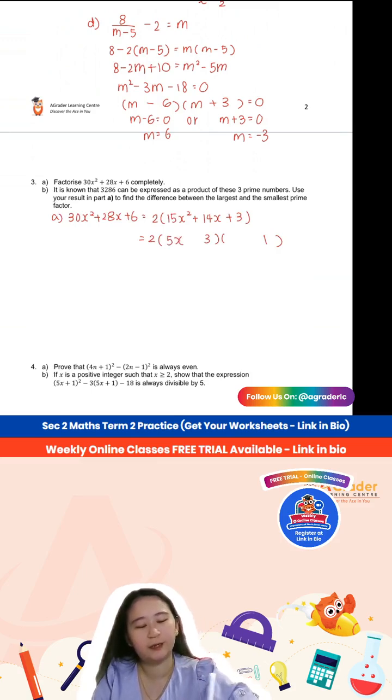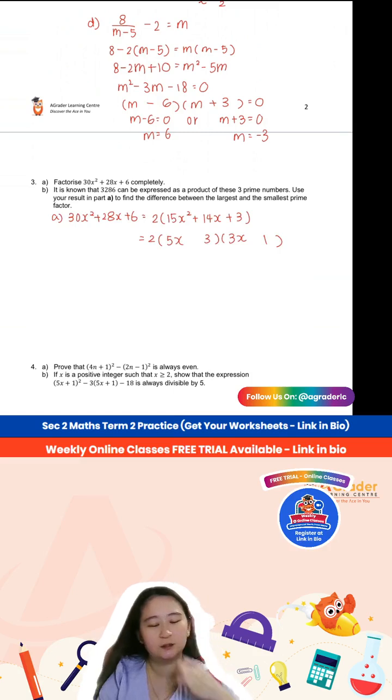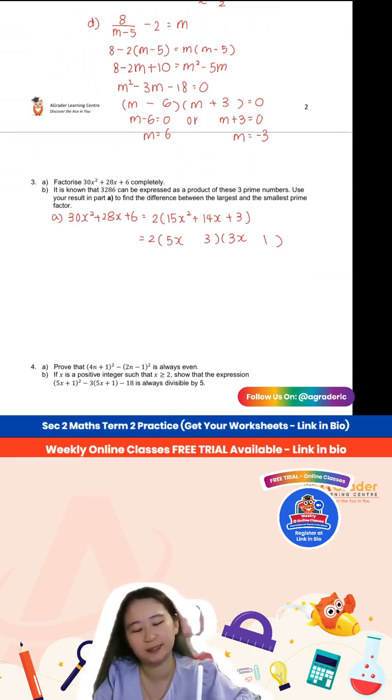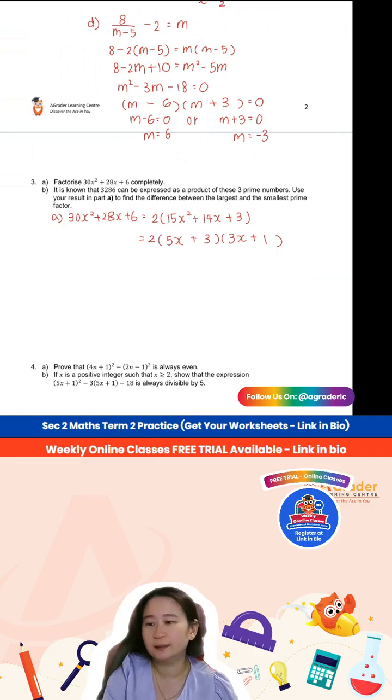So we split 5x and 3x. So 3x times 3 is 9x. 9x plus 5x gives us 14x. Since everything is a plus, all must be a plus here. So for part A, we have already factorized completely.